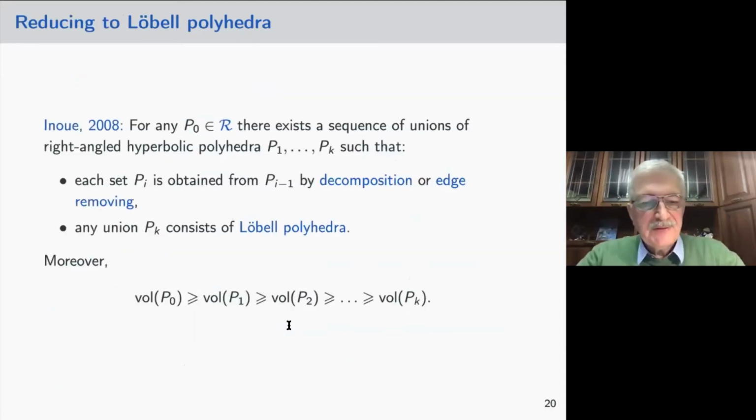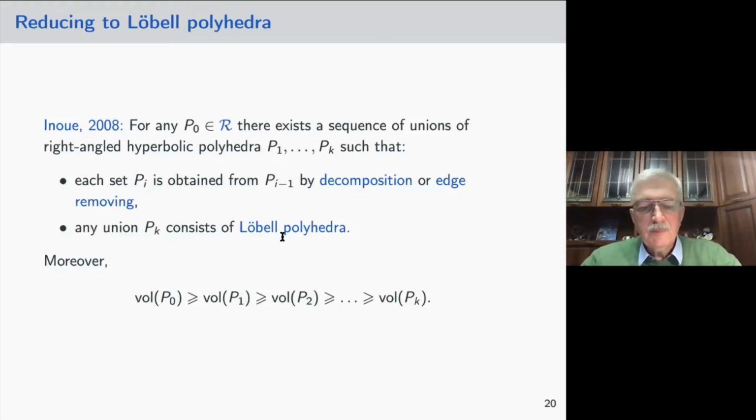And what is a nice result related to these moves? The theorem was proved by Inoue. So suppose you have P0, which is a right-angled bounded polyhedron in hyperbolic 3-space. Then there exists a sequence of unions of right-angled hyperbolic polyhedra, P1, up to PQ, such that each new set is obtained from the previous set by decomposition or H removing, and the final set is a union of Löbell polyhedra, the particular class which we just discussed.